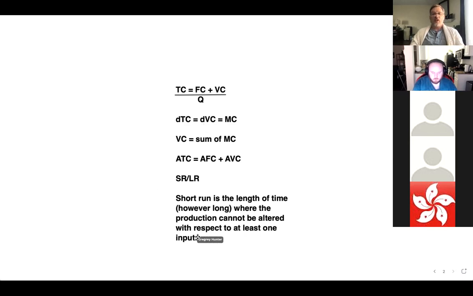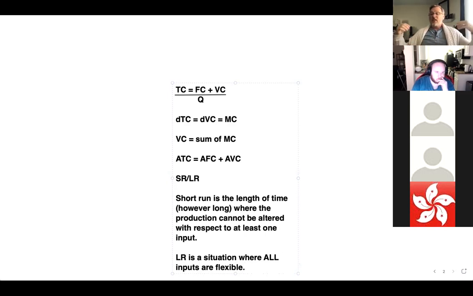The long run is easier to define, but maybe harder to think about. The long run is a longer period of time than the short run, but is a situation where all inputs are flexible.